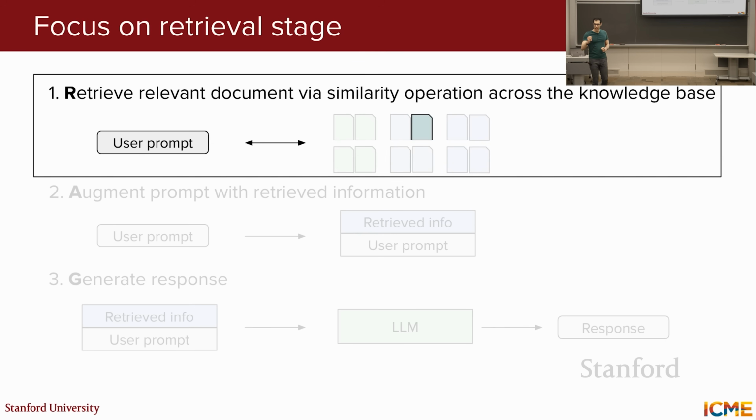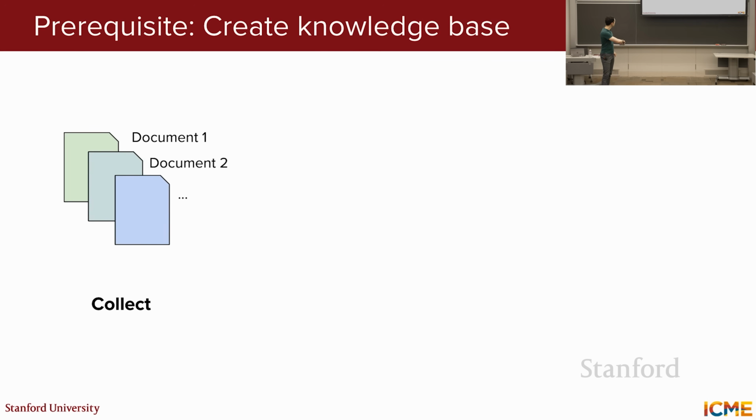And as you pointed out, the first step, the retrieval step, is very important, which is why we'll spend a little bit of time there. The first step is for us to somehow clean the set of documents that we may need.